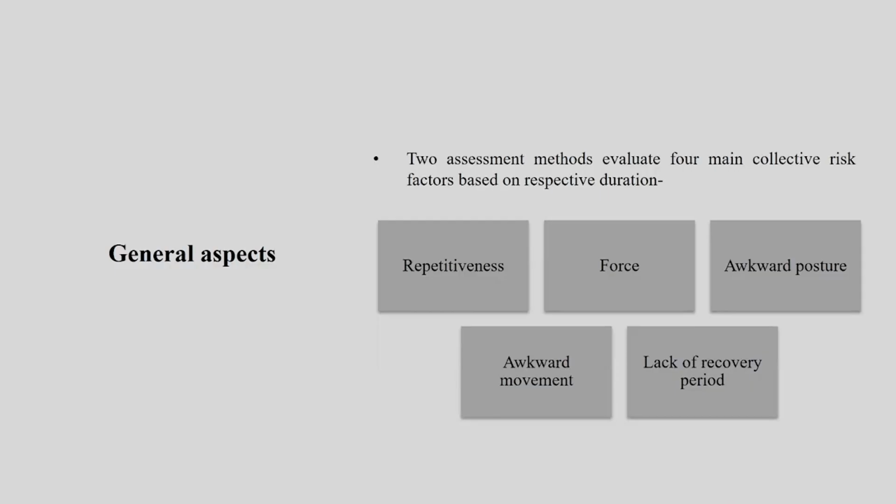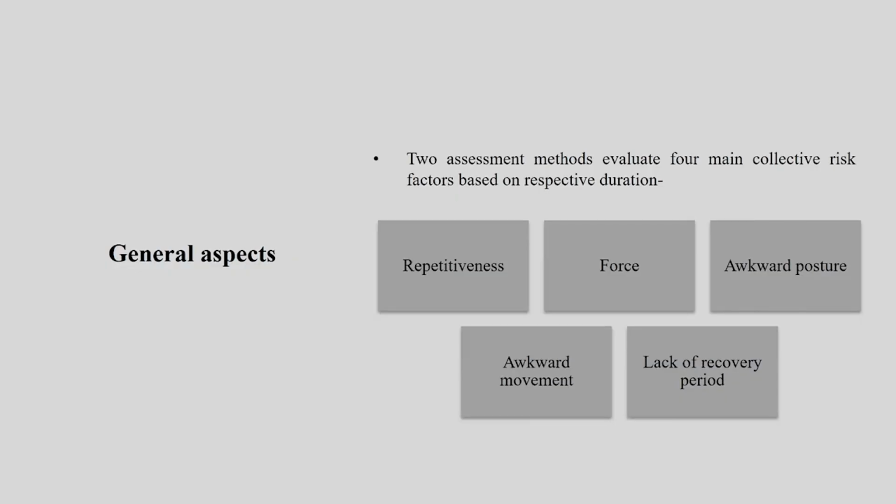So, let us understand what is available in the general aspect. What exactly does it mean? Two assessment methods which evaluate four main collective risk factors based on their respective duration. What are those? Repetitiveness, force, awkward posture, awkward movement, and lack of recovery period. These are the factors you will get information on, and it is going to help in your OCRA index calculation.